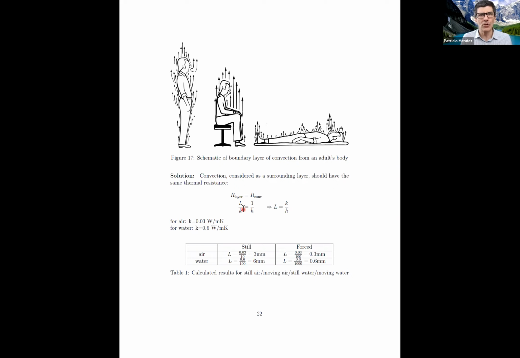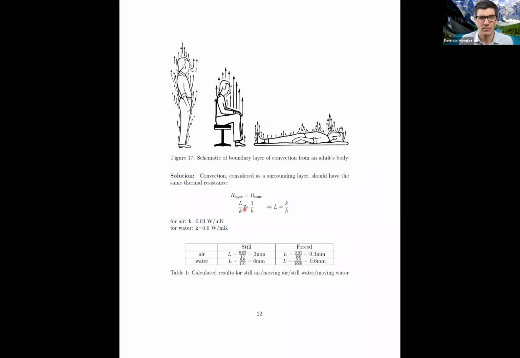But let's start by acknowledging we have a boundary layer. So I know that the thermal resistance of this thin wall of air is L over K, which we also call convection, which has thermal resistance of 1 over H. It's the same thing.